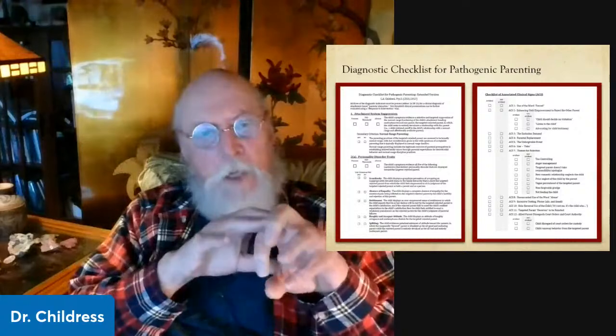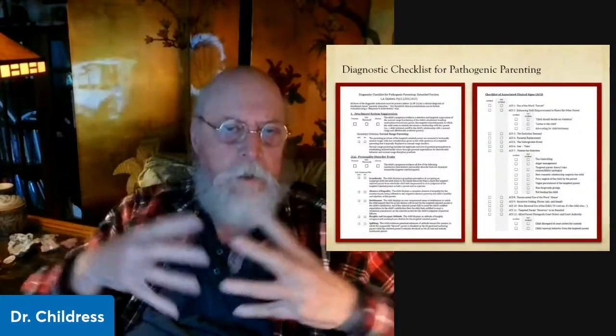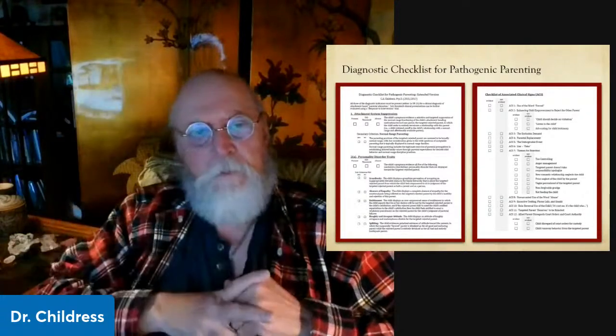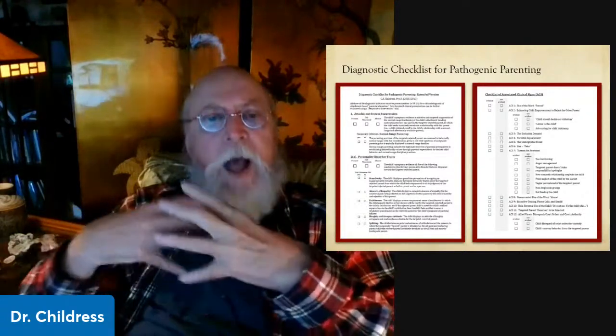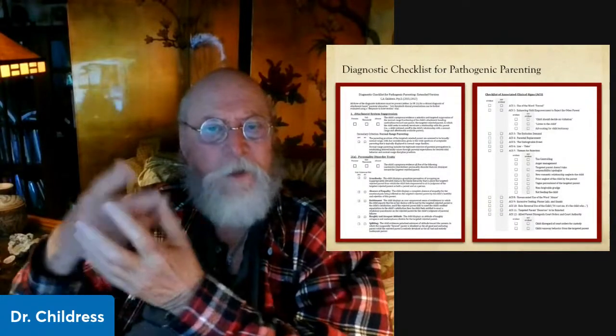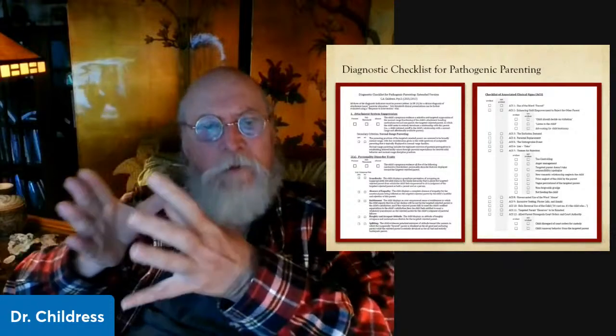Now, the 3 diagnostic indicators. Number 1 is the factitious attachment pathology, false bonding or a suppression of attachment bonding towards a normal range parent. The attachment system is a goal-corrected motivational system.